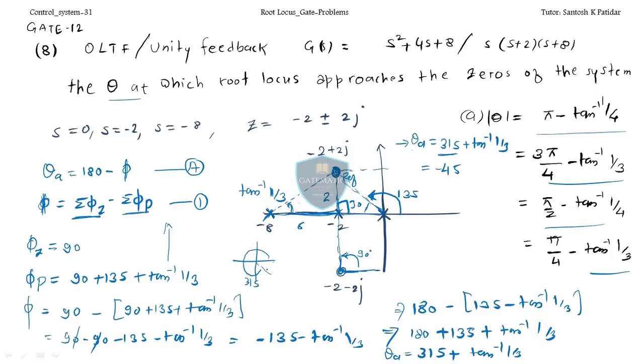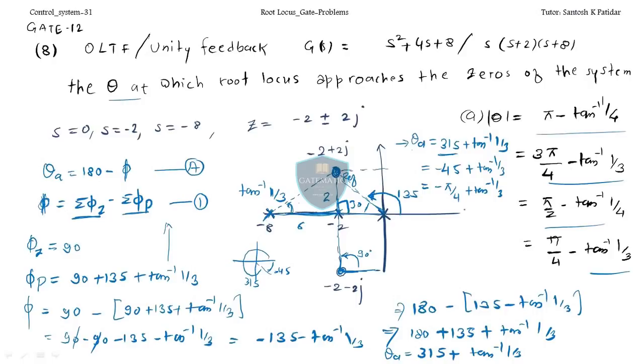So this 315 is nothing but minus 45 also, so minus 45 plus tan inverse 1 by 3. Minus 45 is nothing but minus pi by 4 plus tan inverse 1 by 3. Now do you have any option over here? No, you do not have any option again.